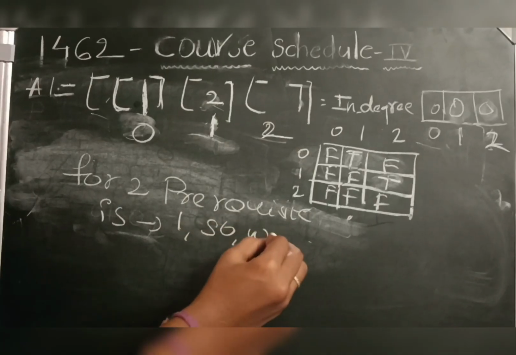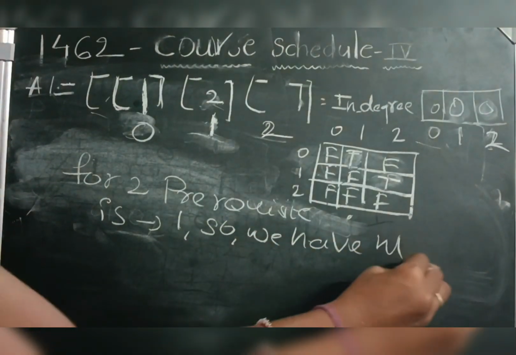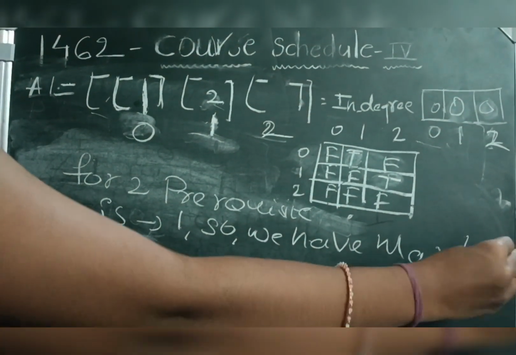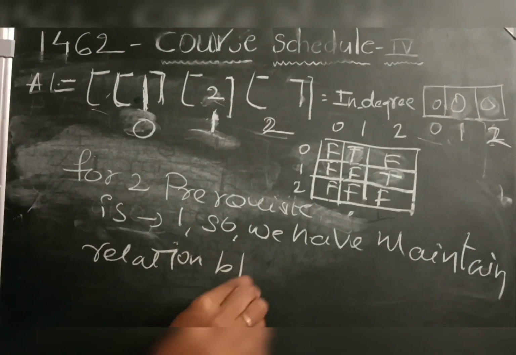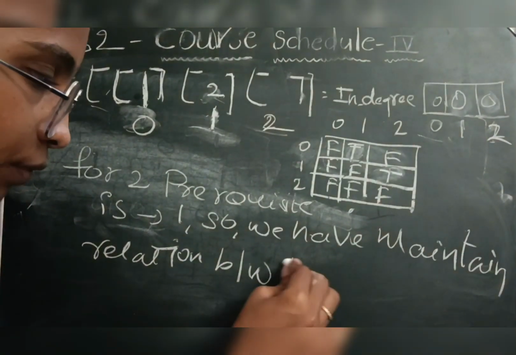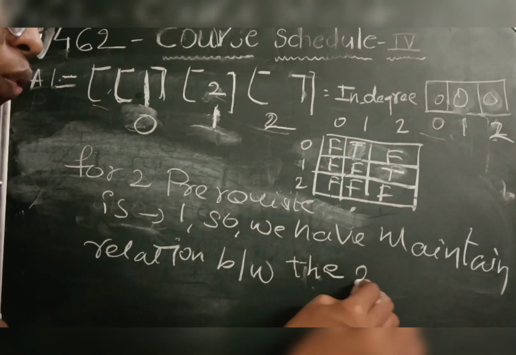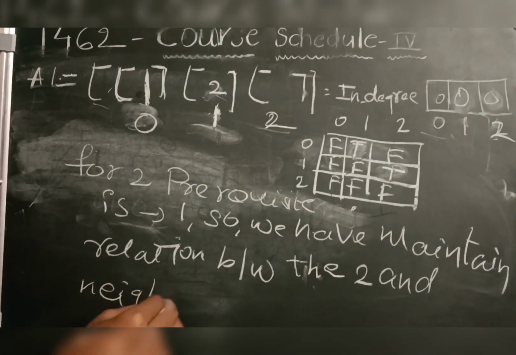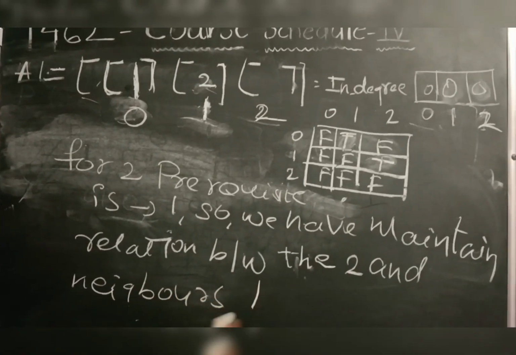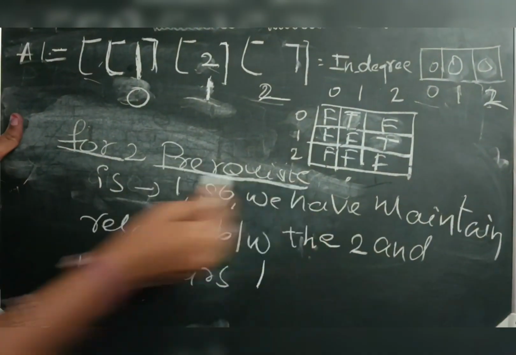So we have to maintain the relation between two neighbors of 1. I think you understand what the statement I am telling is.